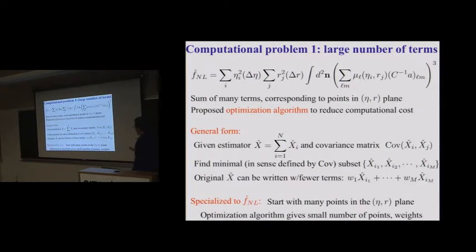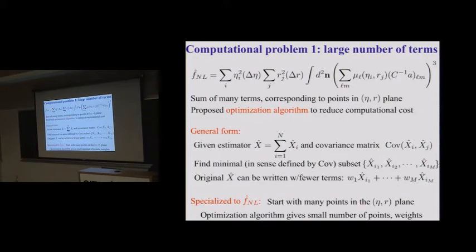The general form of the algorithm is like this. Suppose you have some estimator that you want to evaluate on data, and that it can be written as a sum of n terms, where n is large. And you know the covariance matrix, so you have some estimate for the covariance between the individual terms in the estimate.